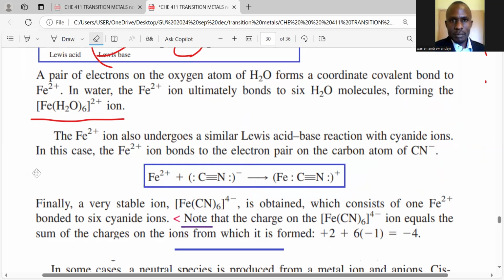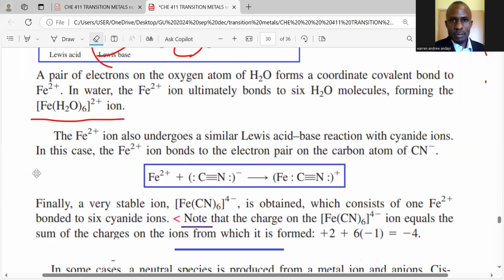So the same with cyanide. Cyanide has lone pairs from nitrogen, and therefore it will bond using those lone pairs on iron. Apparently, it has 2 lone pairs, one from nitrogen, another one from carbon. So it can use either, but in this case, it's using the one with carbon.